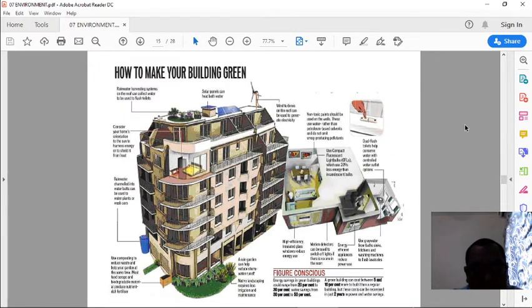Okay. So these are some of the examples that we can also use, to make the buildings that we manage become greener. Like I said before, if we have the rainwater harvesting system, this rainwater harvesting system can become a part of grey water.